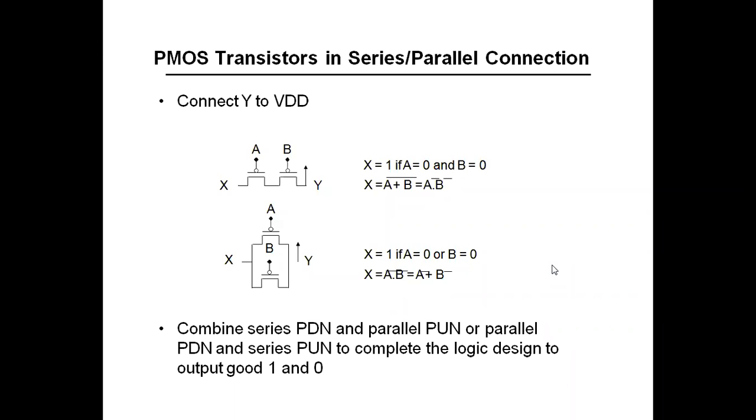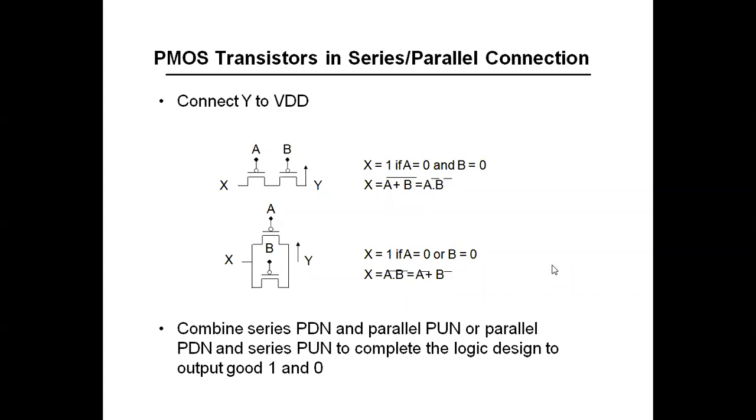The Boolean expression, what Boolean expression and how you are actually going to implement it. Based on that, you can decide where to use the series pull down network and parallel pull up network, or where to use the parallel pull down network and series pull up network, right? And you should get a good one as well as a good zero, and not a weak one and weak zero.